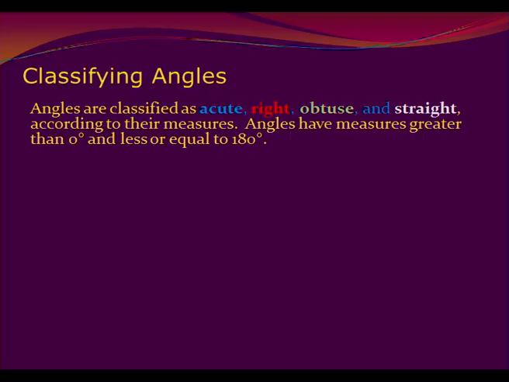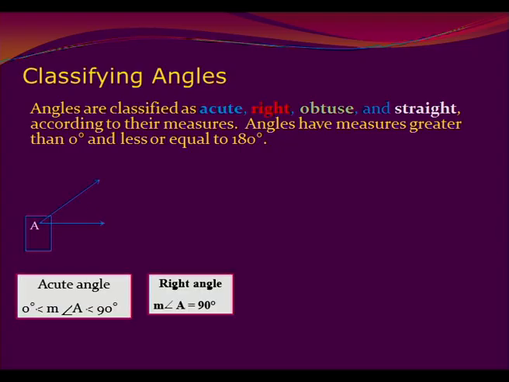We can classify angles into acute angle, right angle, obtuse angle and straight angle. You see the acute angle, which is greater than 0 and less than 90.